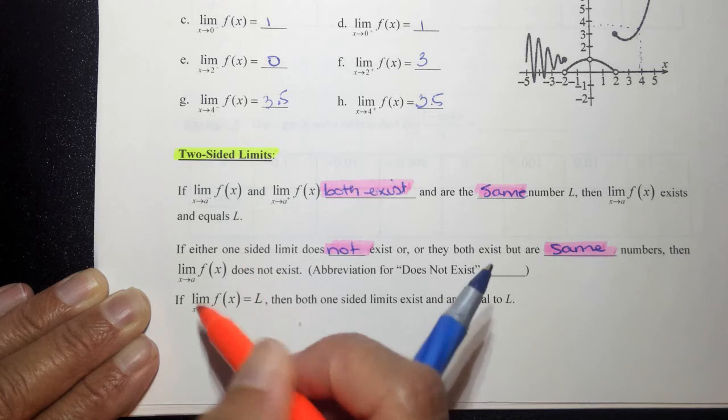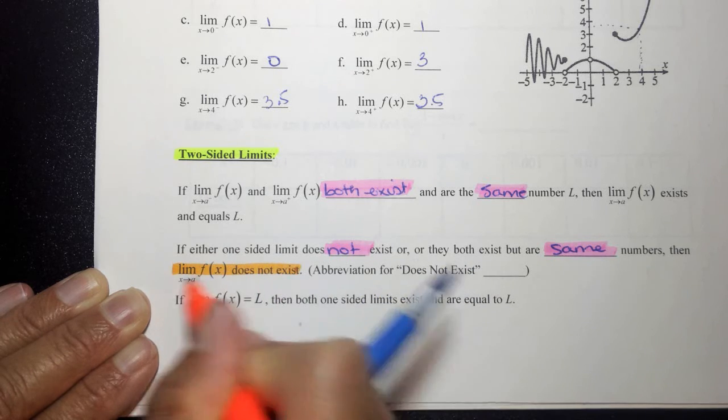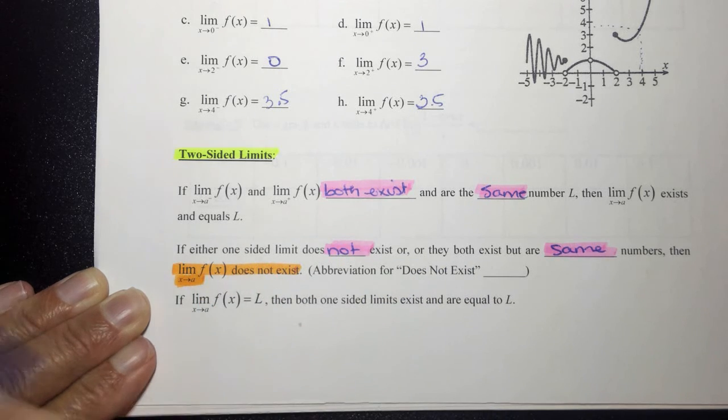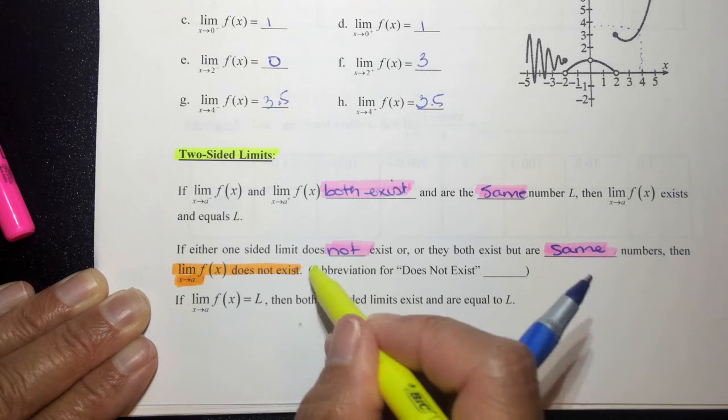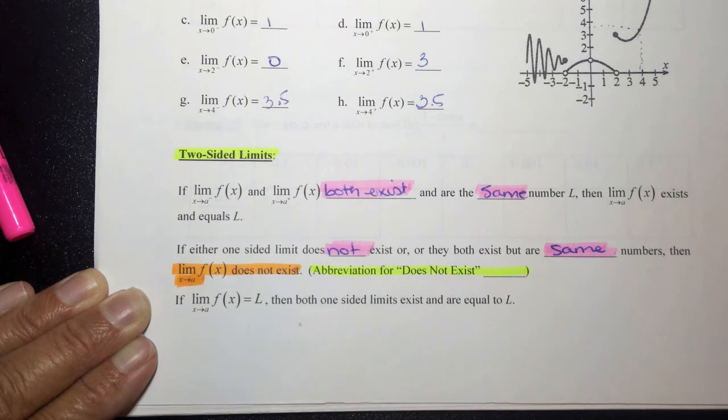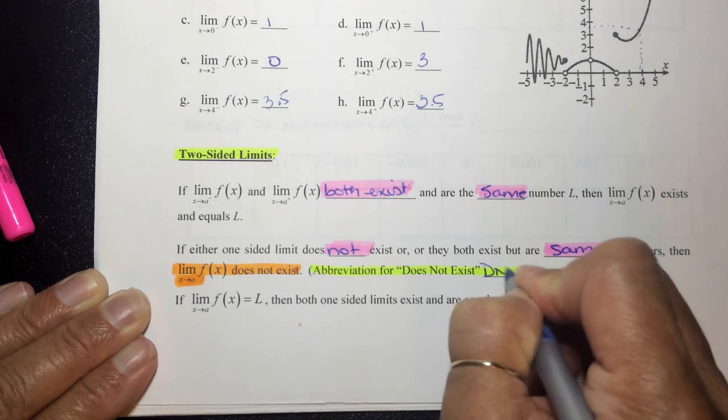Okay? The limit does not exist. And we use the abbreviation DNE for does not exist. And there are a lot of different ways that a limit won't exist, and we're going to cover those.